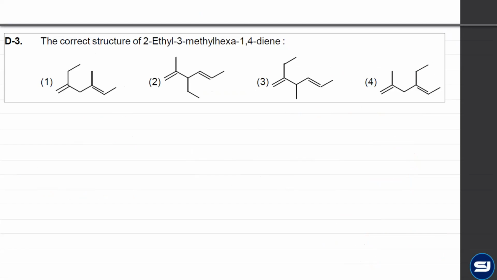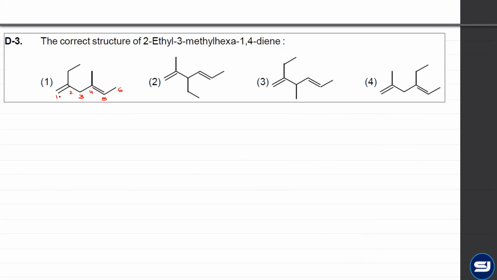Next, the correct structure of 2-ethyl 3-methyl hexa 1,4-diene will be. Look at the first one.